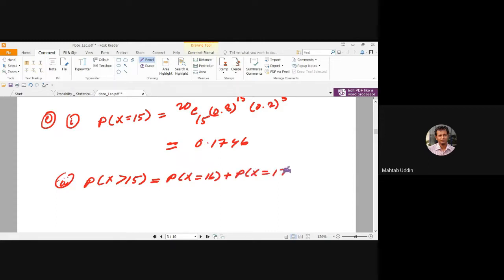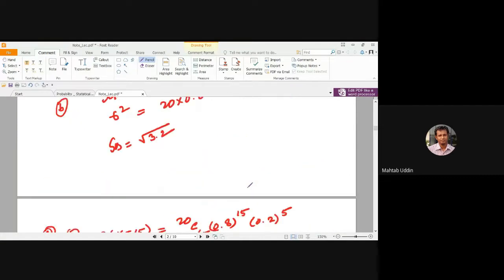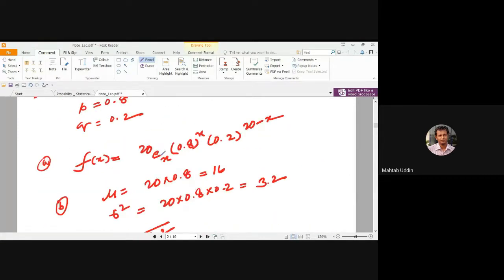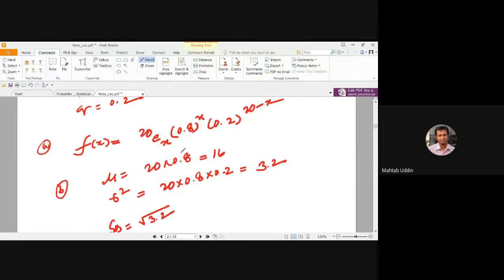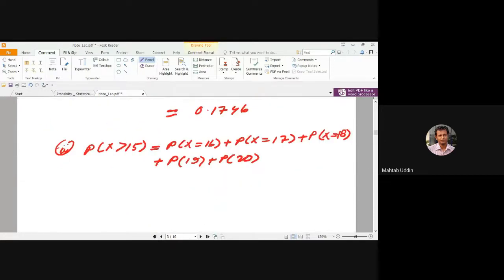From 16 to 20. 20 you have to consider. Now put in f(x), put x equal to 15, 16, 17, 18, 19, 20, and calculate them using the calculator. After the total simplification, you will get the result 0.6296.